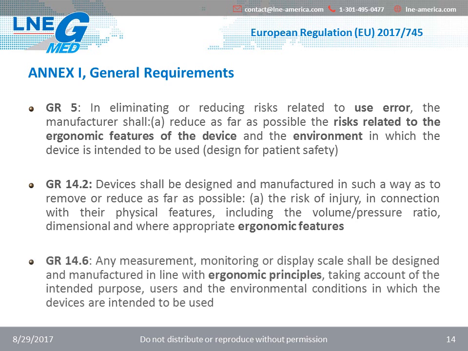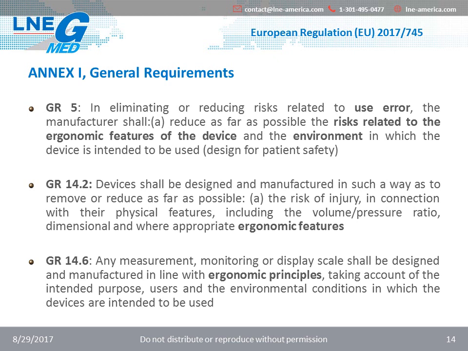General Requirement 14.6 mentions any measurement, monitoring, or display scale shall be designed and manufactured in line with ergonomic principles, taking account of the intended purpose, user, and environmental condition in which the devices are intended to be used.